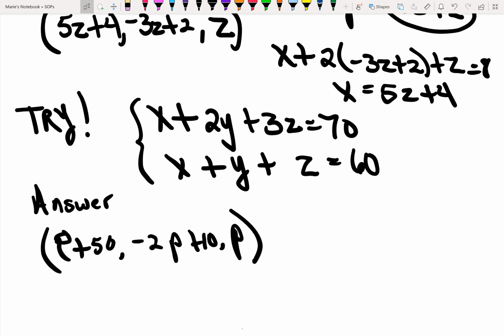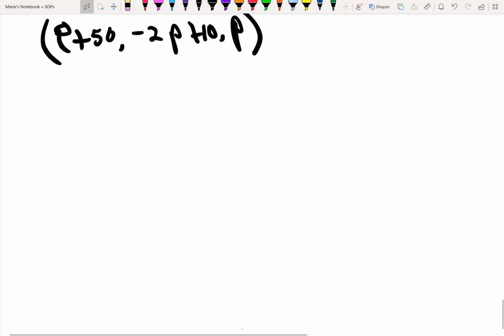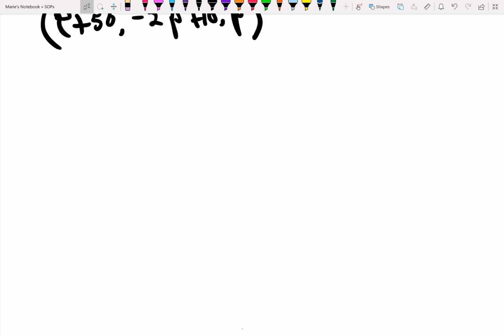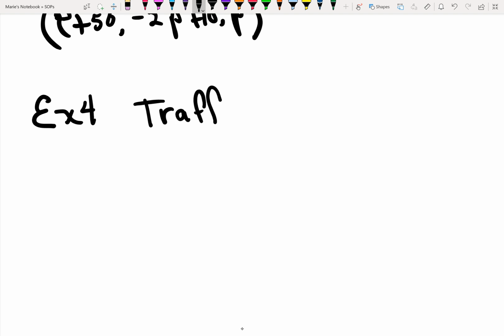Now, the next question is a word problem dealing with traffic control. And they give you a diagram. So I'm going to do my best to replicate this diagram. This is example 4. This has to do with traffic control. And so they kind of give you this.